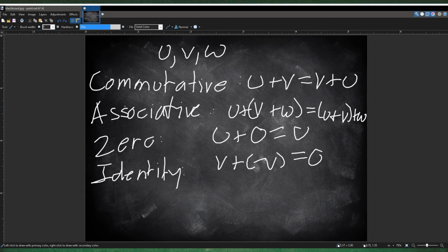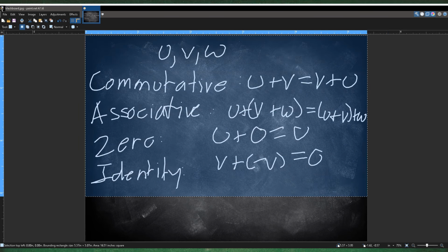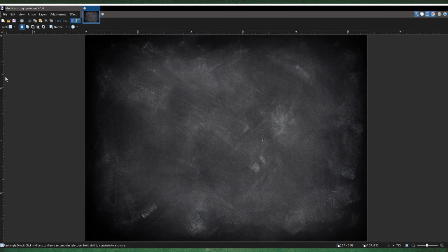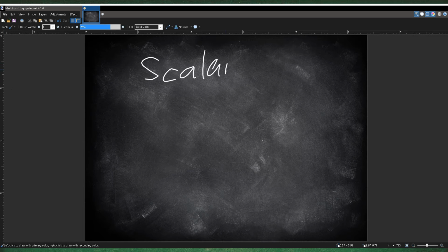Another important concept for these properties is scalars. Let's say you have a vector v, and you want to multiply it by a, it just turns into av. Let's give an example.